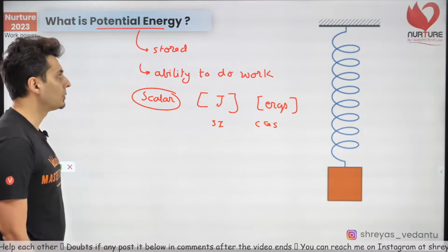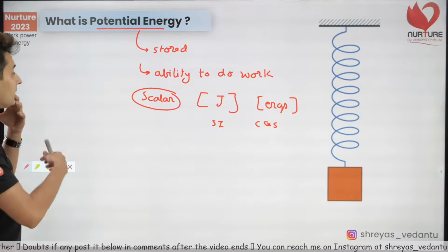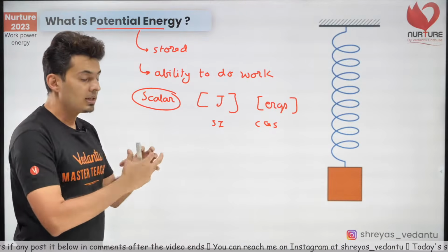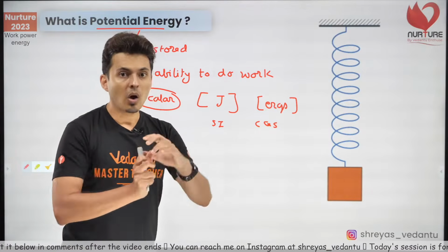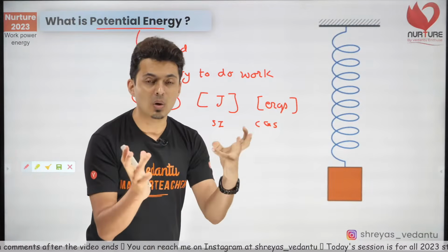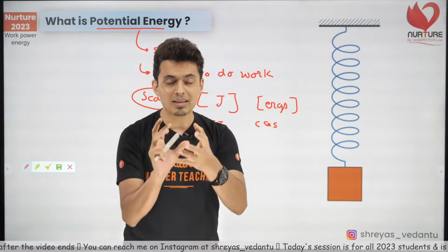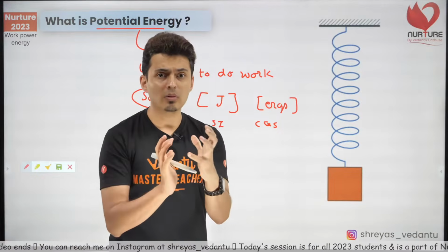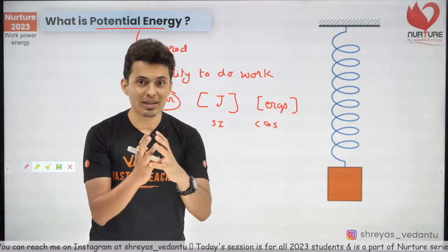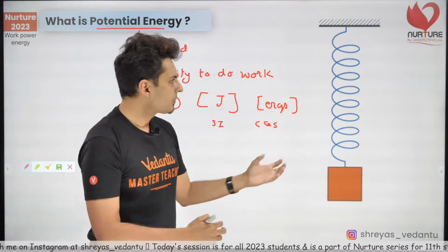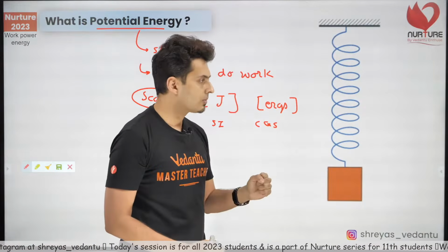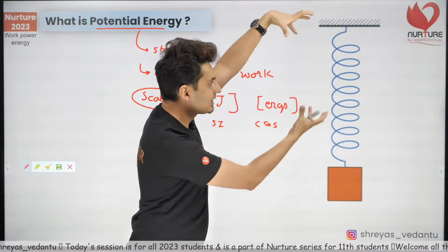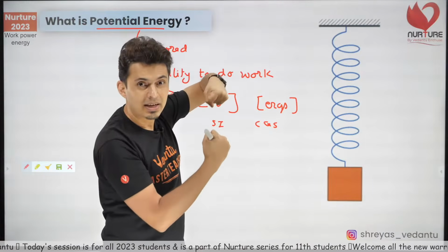That's a standard value. Now, this stored energy depends on many things: on how the system is configured, how the system is right now, and where you have kept those bodies or those things. Example, how much is the spring stretched? How many turns does it have? How stiff is that spring?